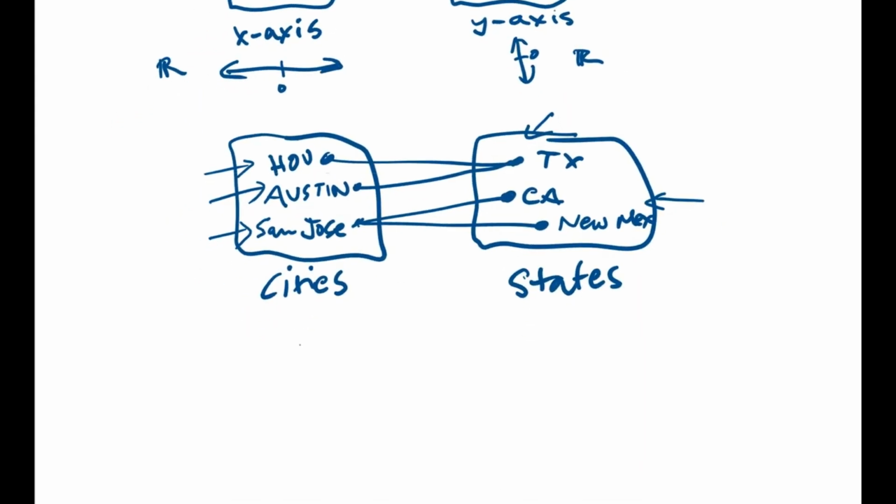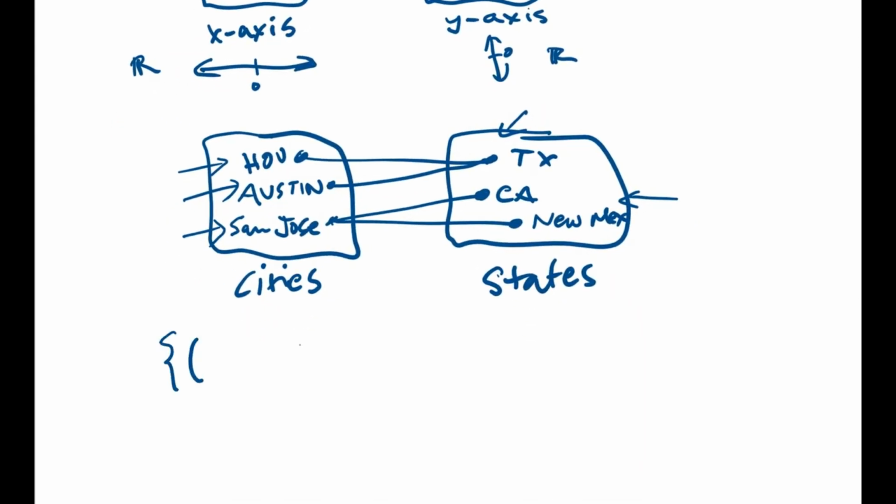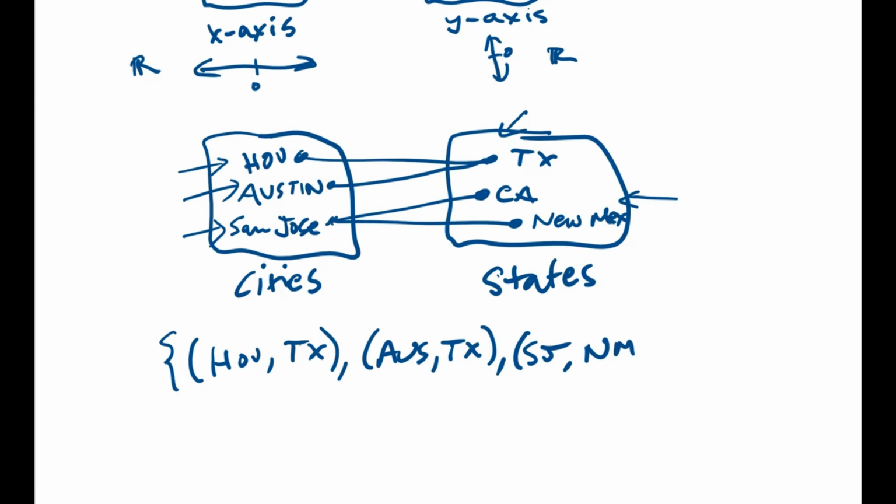Okay, and the way we would write this out maybe would be Houston, comma, Texas, and then Austin, comma, Texas, and then San Jose, comma, New Mexico, and San Jose, comma, California. All right. So what I want you to notice is that this x value, we'll call it x, goes to two y values. It goes to New Mexico and it goes to California. This can't happen for a function.